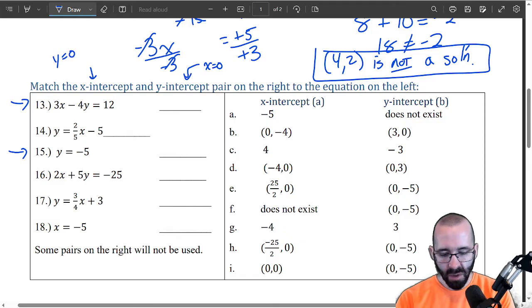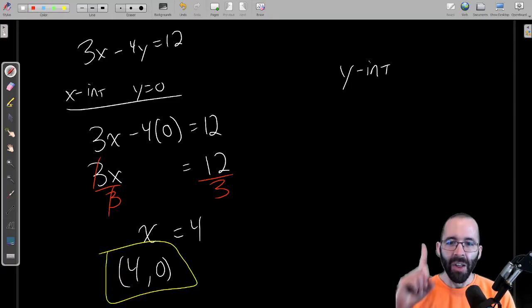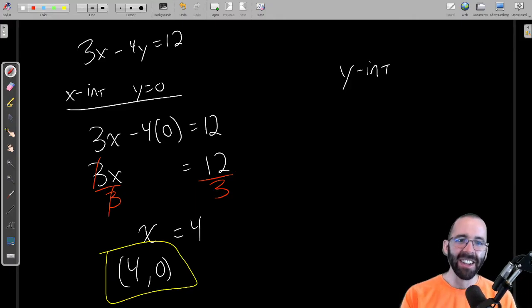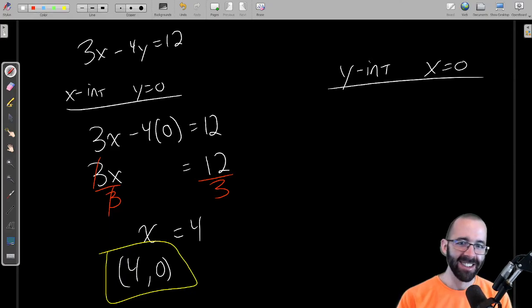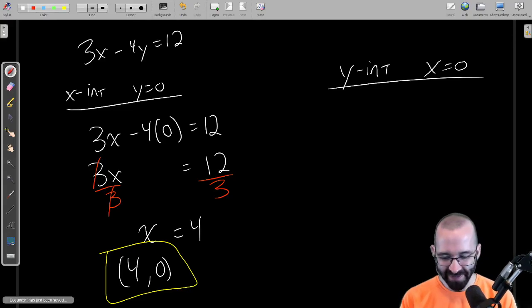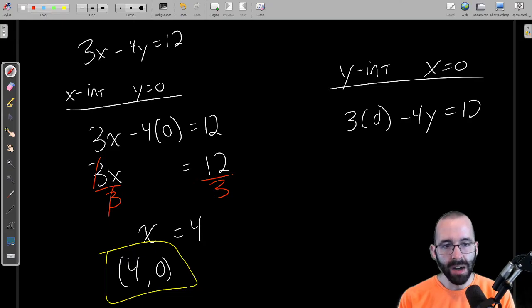And now we do the same thing for the y-intercept. The y-intercept is where it crosses the y-axis, which is when x equals 0. So we do the same thing. So 3 times x, which is 0, minus 4 times y, which we don't know, equals 12.